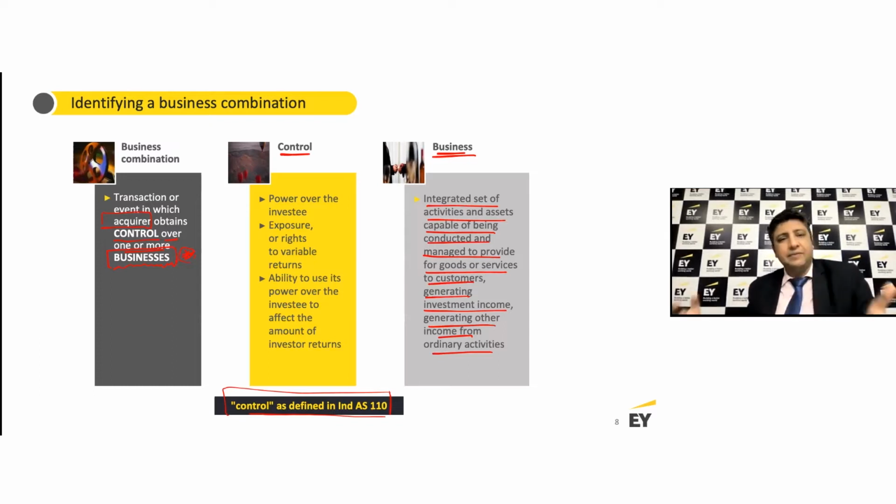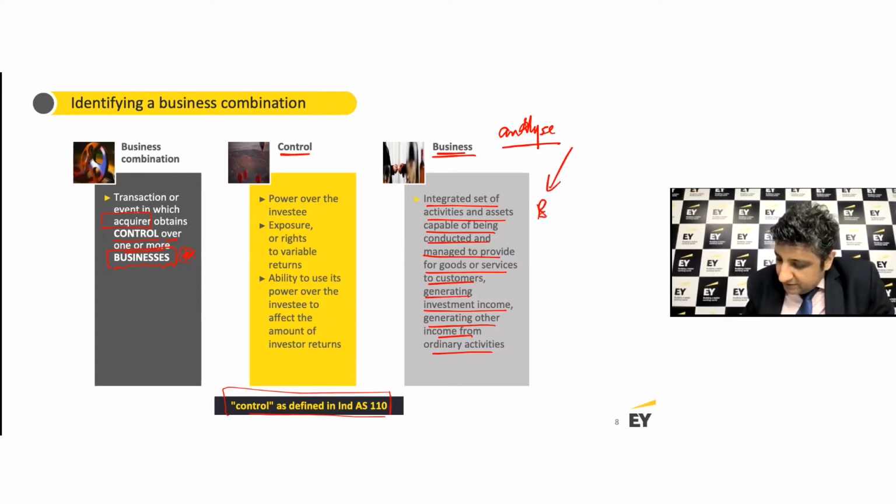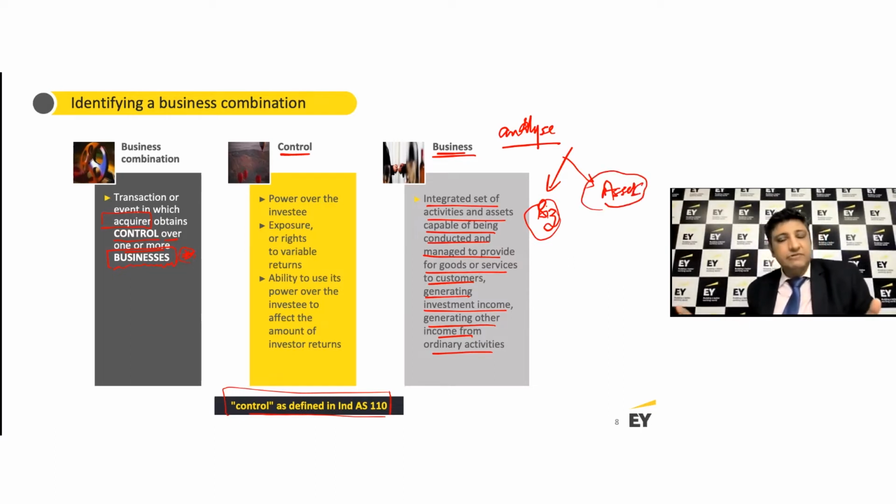I don't expect that we should know this entire definition word by word, but what is critical is to be able to analyze whether an acquisition is that of a business versus that of an asset. That is the crux of this entire discussion that we are going to do. If I look at the word business combination, we achieve a business combination when we are actually acquiring a business.